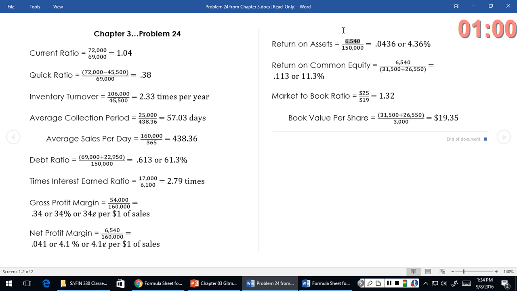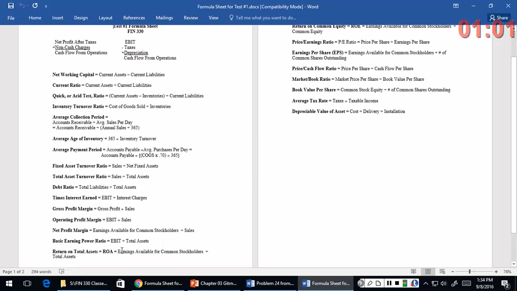In this example, they don't have shares of preferred stock. So net income or net profit after taxes, whatever you want to call it, the very bottom line of the income statement, is equal to earnings available to common stockholders. They're the same thing, the same number. So when you look at this formula sheet and you see earnings available to common stockholders, on the test, I don't think you're going to be dealing with preferred stock.